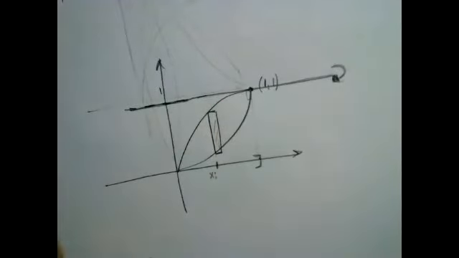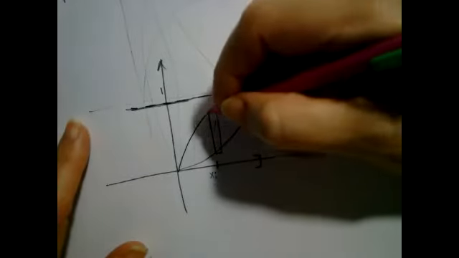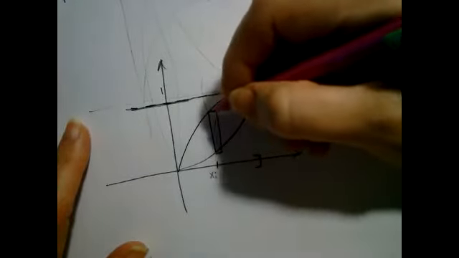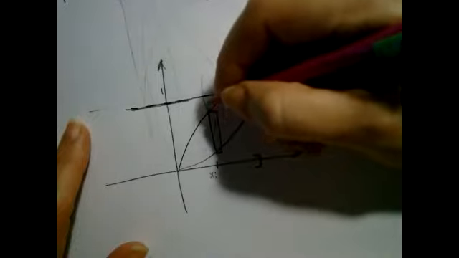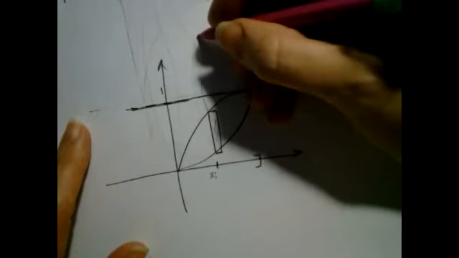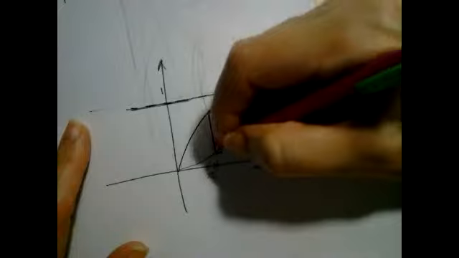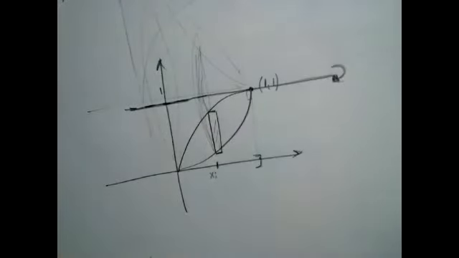Okay, but now we're going to rotate around the line y equal to 1. So we're going to rotate like this. And this is going to be rotated all the way up here. So that's really the base of my washer. We're rotating the other way around. Now I'll give you 2 minutes.